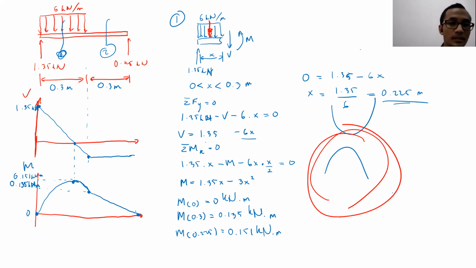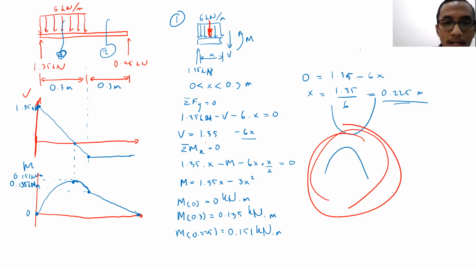Pak, I want to ask, to find the maximum point, you can just set the v function equal to 0 instead of deriving the m function. It will be the same. Oh, it will be the same.